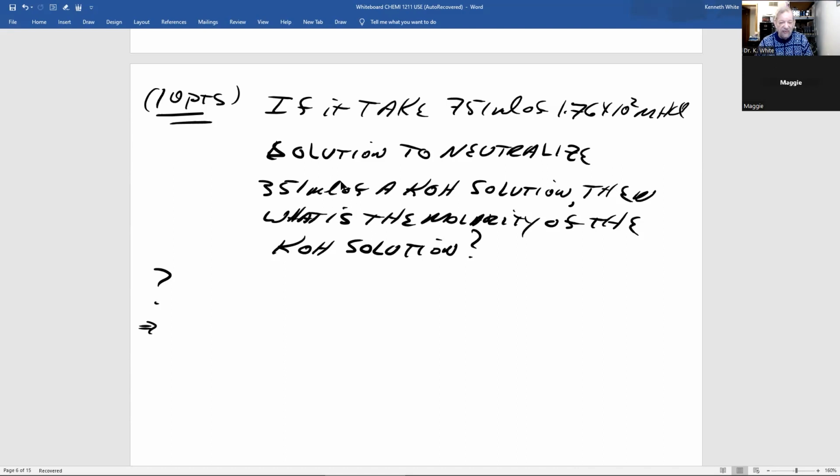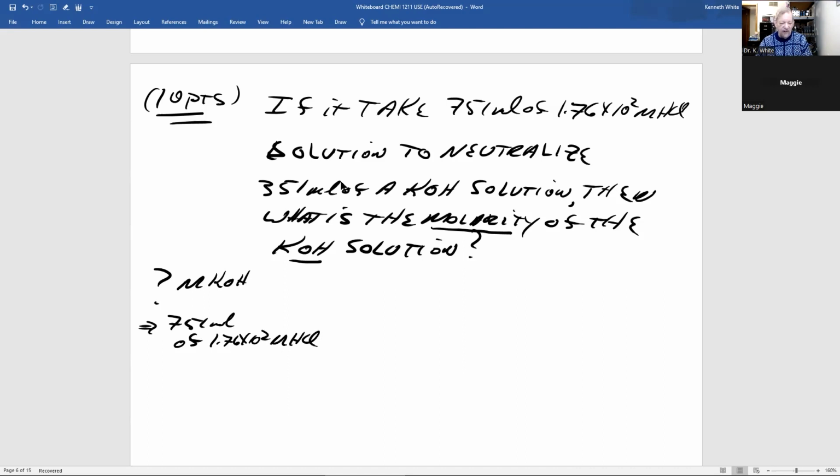Let's assume you had time to figure it out. We're trying to find the molarity of the KOH. What are we given? Well, we have 751 milliliters of a 1.76 times 10 squared molar, that's the capital M, HCl solution.